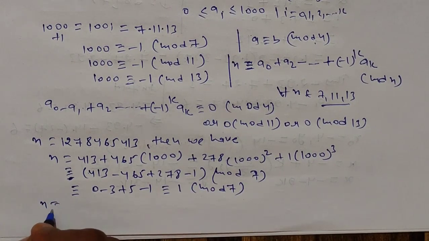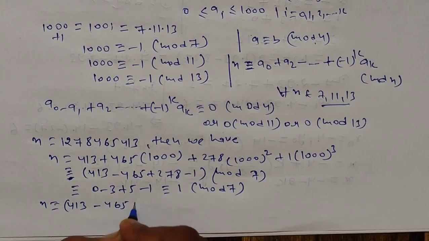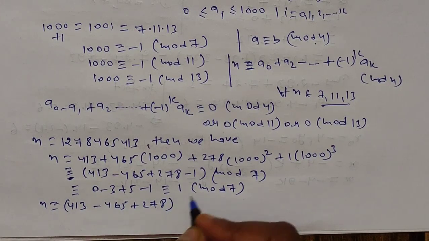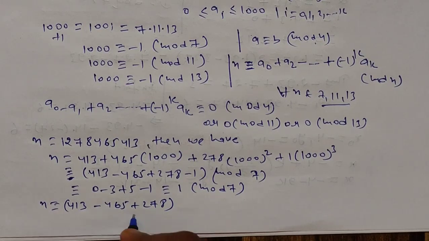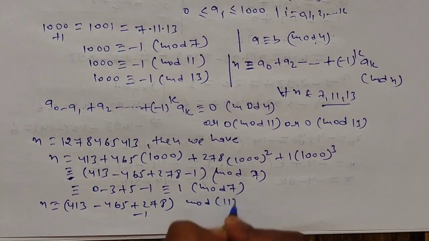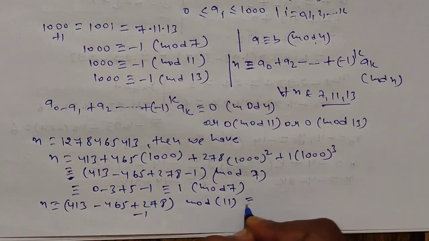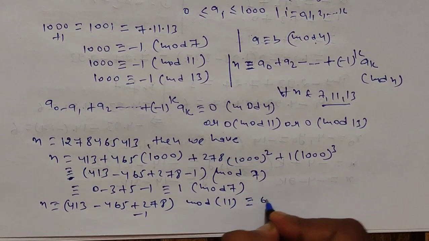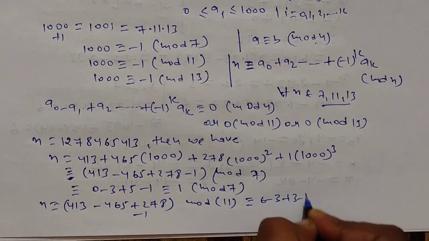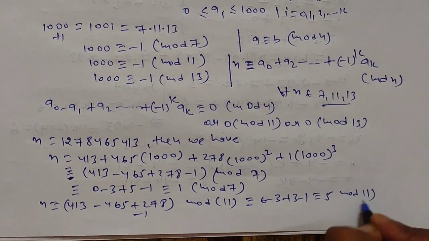Likewise, n is congruent to 413 minus 465 plus 278 minus 1, this is for mod 11, and now you can write this is congruent to 6 minus 3 plus 3 minus 1, which is congruent to 5 mod 11.